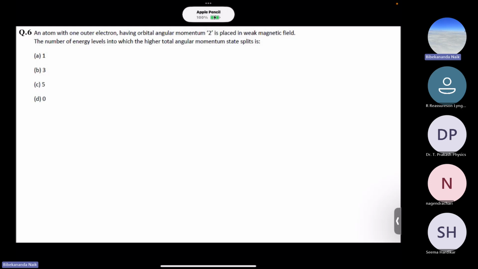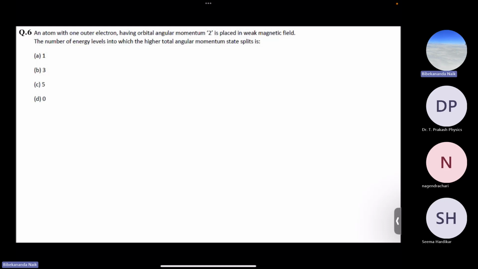So can anyone tell me, if an atom with outer electron having orbital angular momentum 2 is placed in a weak magnetic field, the number of energy levels into which the total angular momentum state will split?